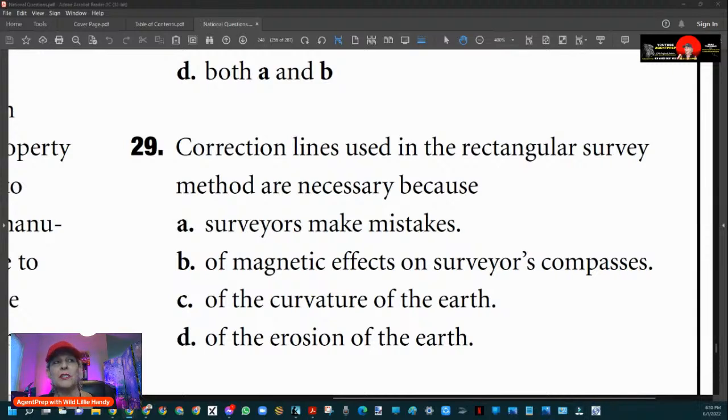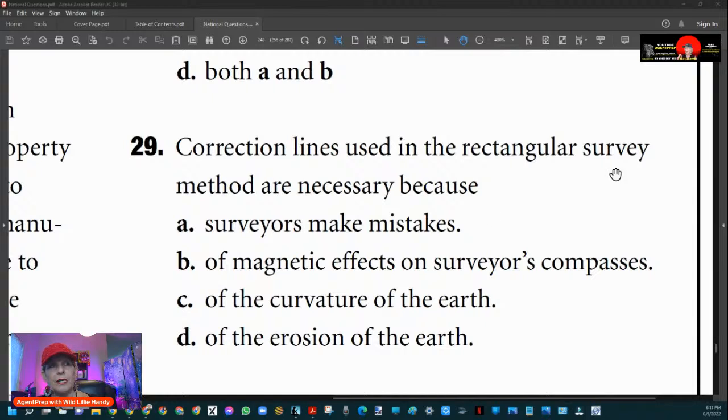So correction lines used in the rectangular method. The answer here is C, of the curvature of the earth. The rectangular survey methods are necessary because of the curvature of the earth.